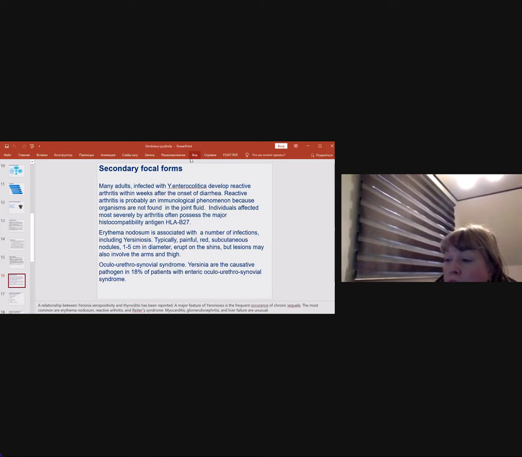Myocarditis usually has a benign course in Yersiniosis, and these patients have no cardiac insufficiency. But the duration of this myocarditis may be long, 2 or 3 months.